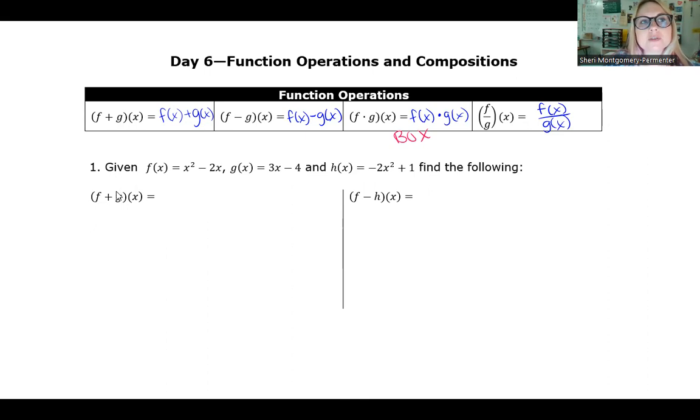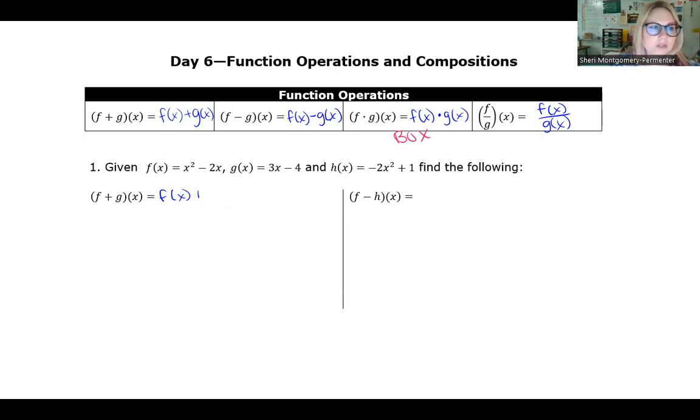So first thing I'm going to do is jot down what these mean. If it says f plus g of x, then it just means f of x plus g of x. For this one, it says f of x is x squared minus 2x. So I'm going to write that down. Just so that you can follow along with me, I'll change the colors.